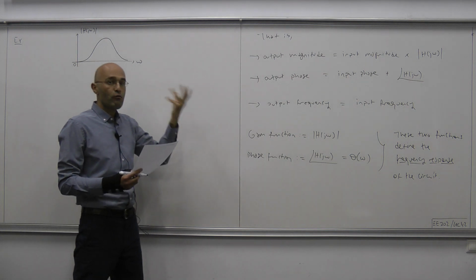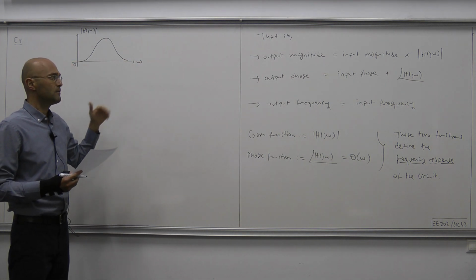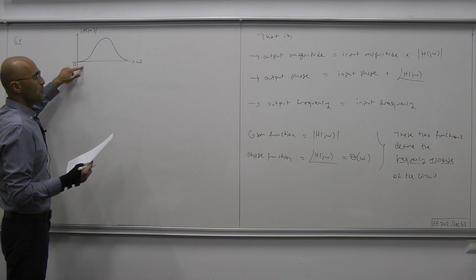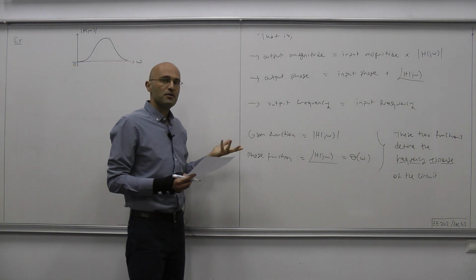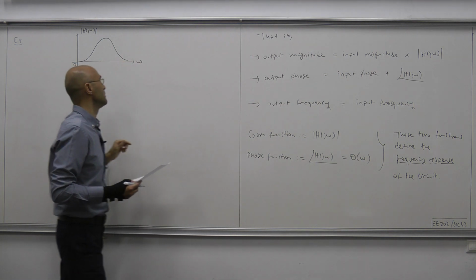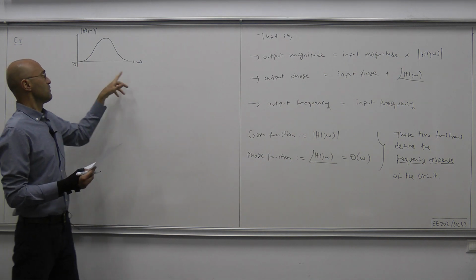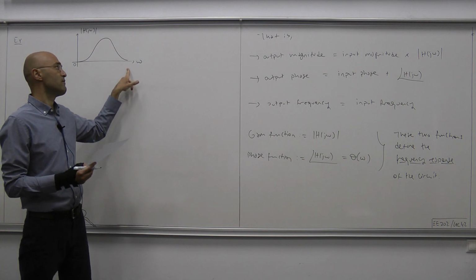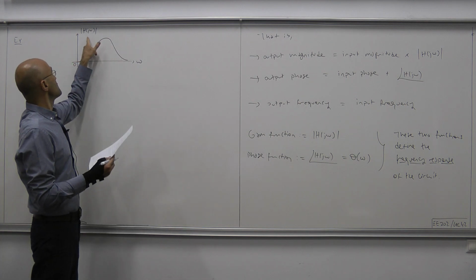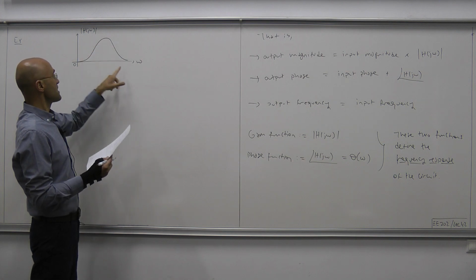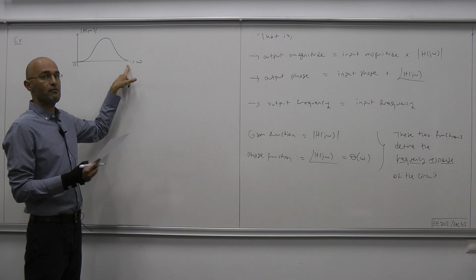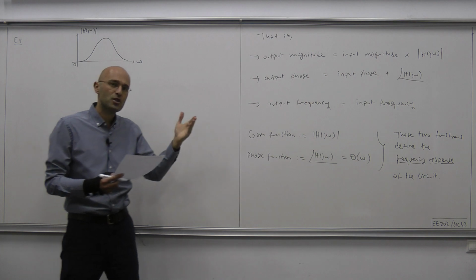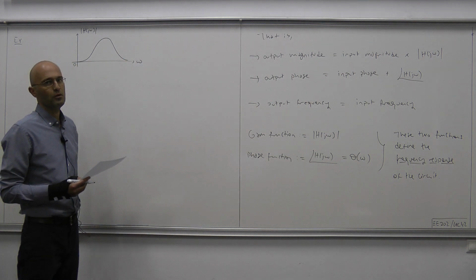So that means at low frequencies, the input oscillations are low, so at the output we don't see much of a signal. The amplitude of the signal will be tiny. And at the other tail, if the input frequency omega is very large, then since the gain function takes very low values for high omega, again for high frequency input we don't see much at the output end.